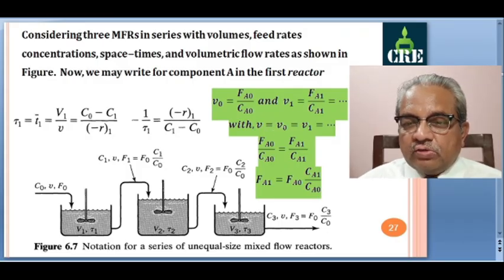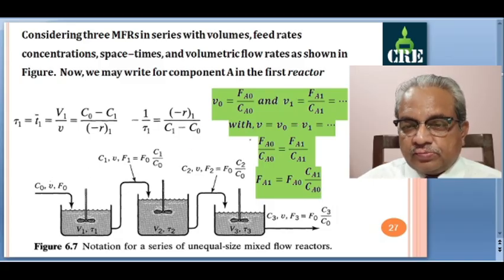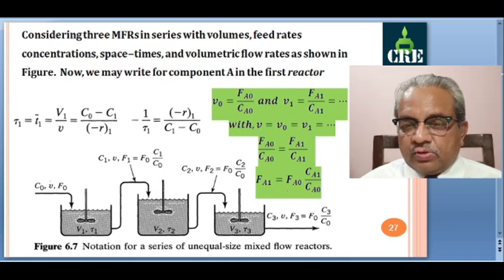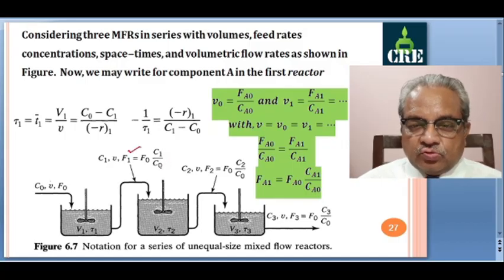But V is constant. V is equal to V0 is equal to V. So the same ratio can be equated. See, Fa0 by Ca0 is equal to Fa1 by Ca1. So you can write Fa1 is equal to Fa0 into Ca1 by Ca0. If you drop subscript A, it is simply F1 is equal to F0 into C1 by C0.